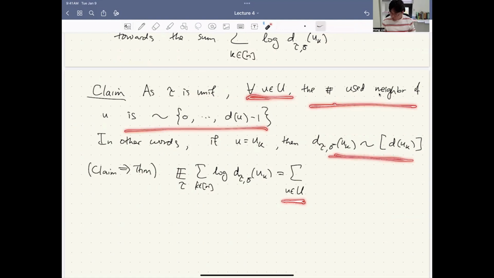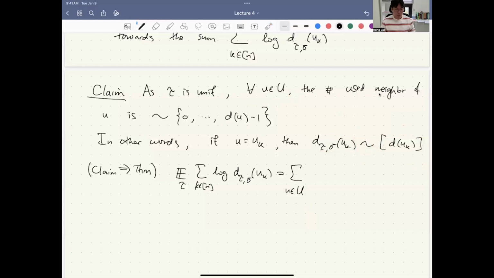Their contribution is this: the number of available neighbors is distributed uniformly at random over this set. So with probability 1 over du, this value takes anything between 1 and du.